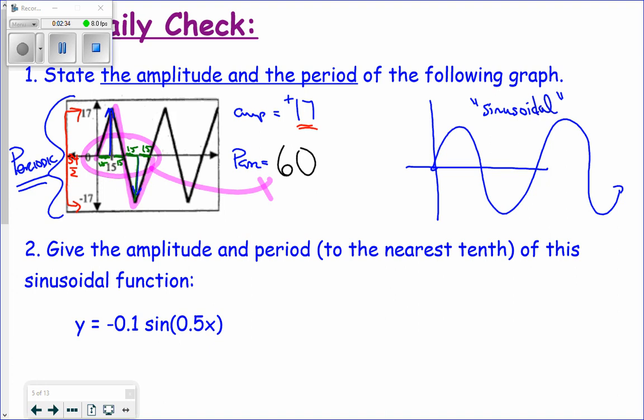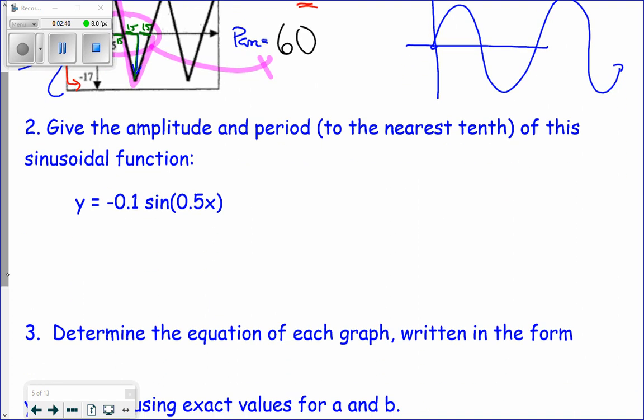Now, what if we apply this to the sine equation? Give the amplitude and period to the nearest tenth of this sinusoidal function. The number in front is always the amplitude. However, you have to write it as positive 0.1 because it's the distance that it goes through.